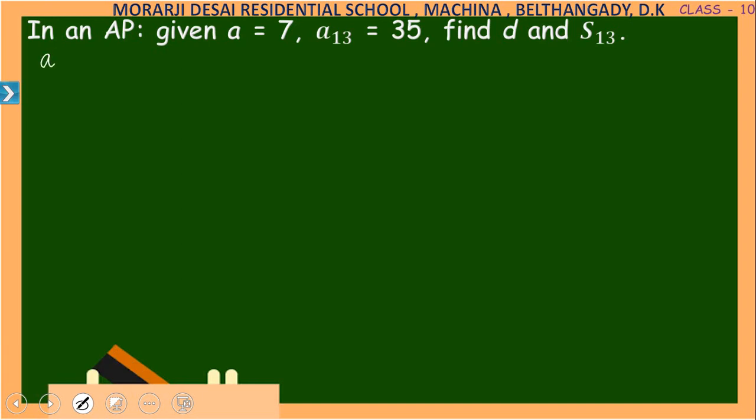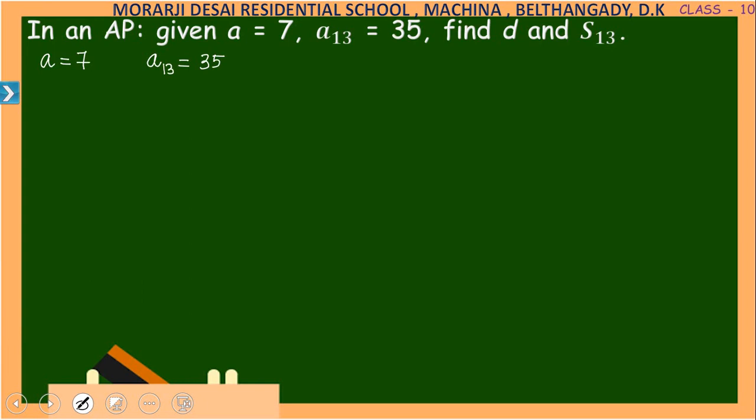Here what is given? a is equal to 7, a13 is equal to 35. We have to find d and S13.